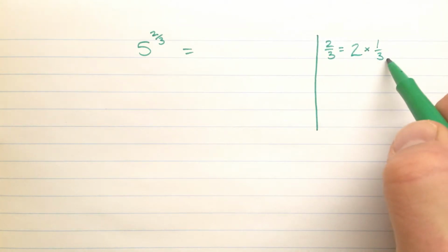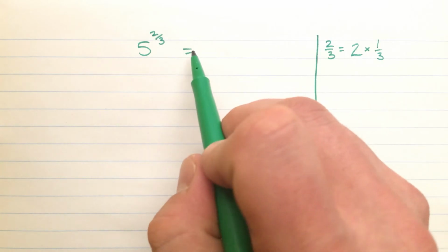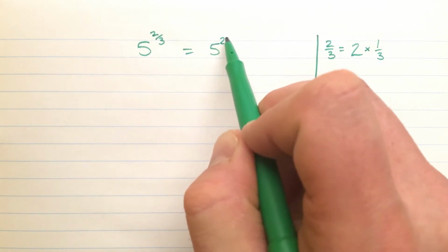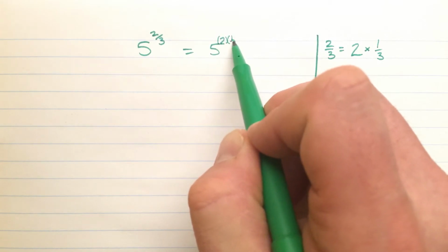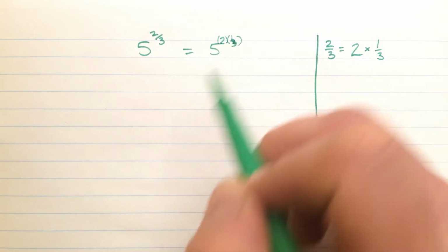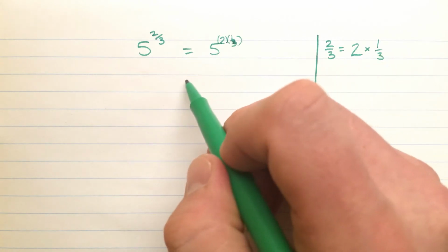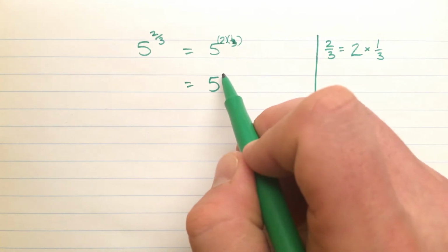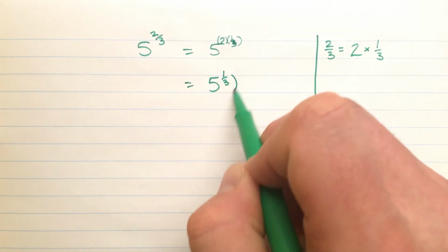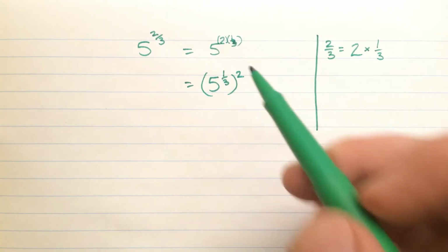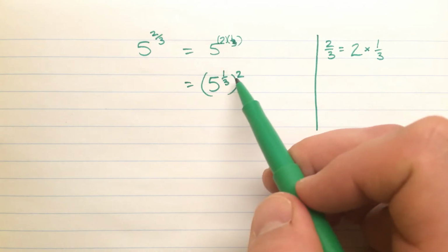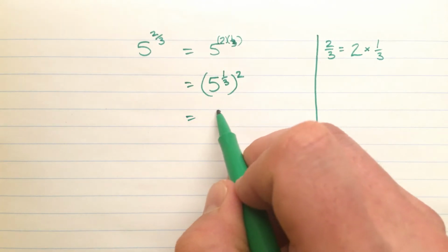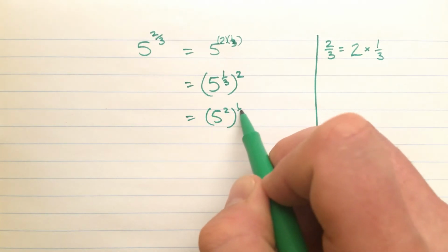So I could rewrite this as 5 to the power of 2 times 1/3. My rule for powers of powers says that I can rewrite this as 5 to the 1/3, squared, or I could also write this as 5 squared to the 1/3.